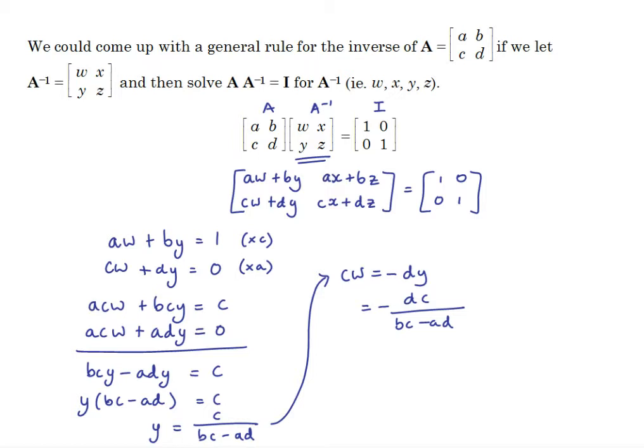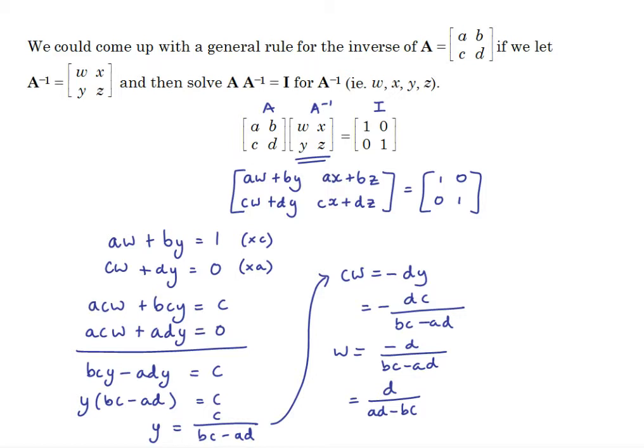And then I'm going to divide both sides by C, which is fairly simple because there's a C on both sides. So W is just going to be negative D over BC minus AD. Now, because I've got a negative on the numerator and I've got a subtraction on the bottom, I'm going to multiply both top and bottom of this fraction by negative 1. So we get positive D over AD minus BC. Okay, so we've got W and we've got Y.